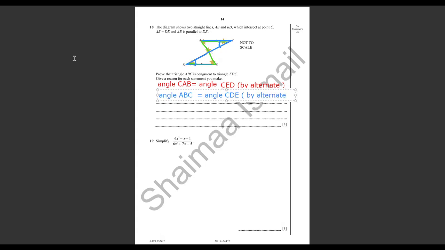Okay, then the two sides, the last answer he said, given. This is AB. Side AB equal to side DE.